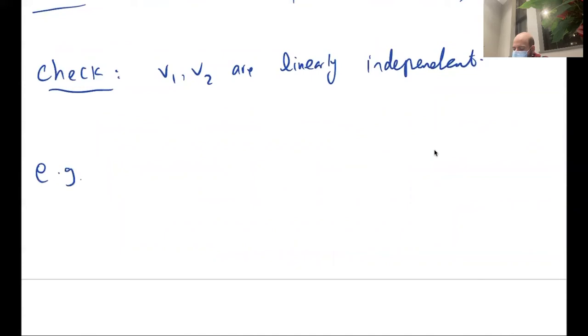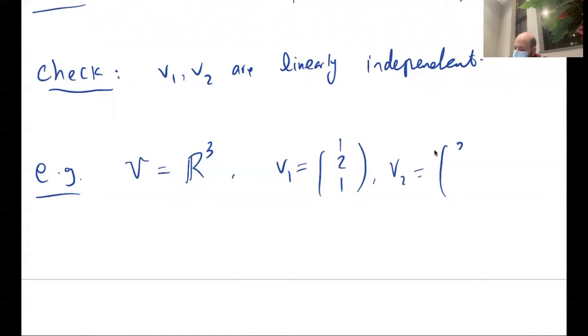Or another example: let's say V is in R3, V1 equals (1, 2, 1), V2 equals (2, 1, 4), and V3 equals (3, 3, 5).